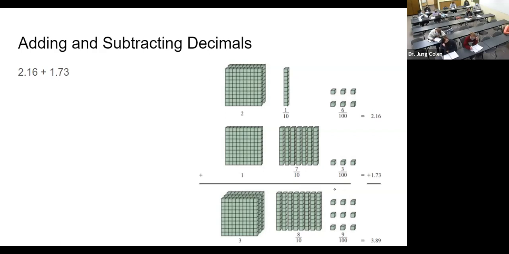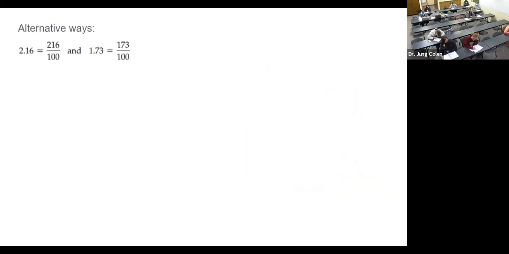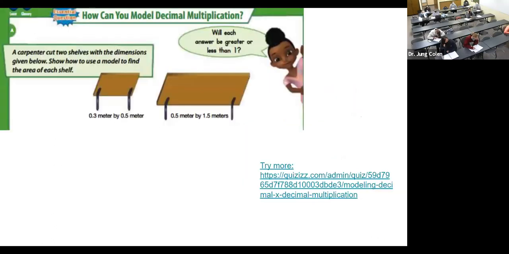So using the same manipulatives as I did here, you can represent 2 and 16/100 as 2 flats, 1 rod, and 6 small cubes, and add 1 flat, 7 rods, and 3 cubes, and then add them together. So visually, your students can see that and have some connection with the answer. Okay, so I have talked about all that.